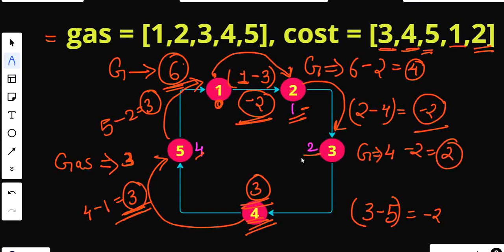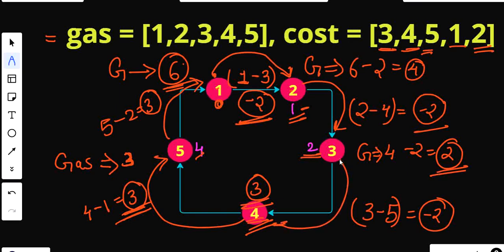Again at index 2, I will see what was the previous requirement, which was -2. Again the amount of gas in my tank is still positive, or enough to traverse from 2 to 3 index.